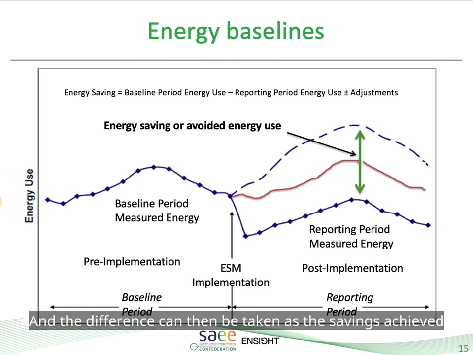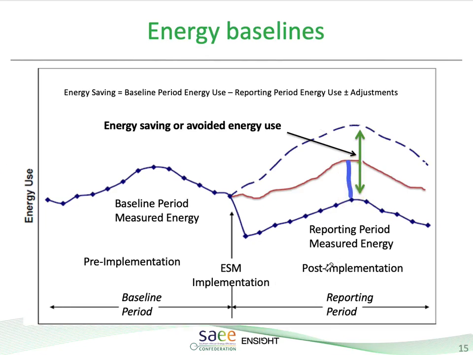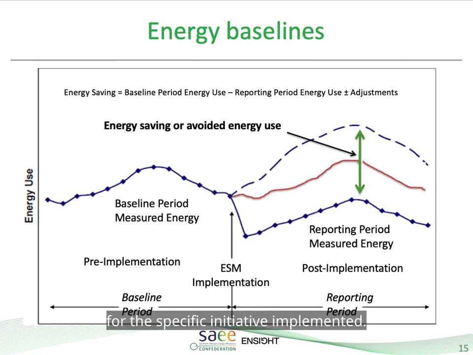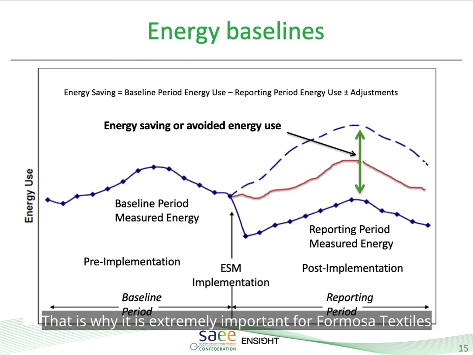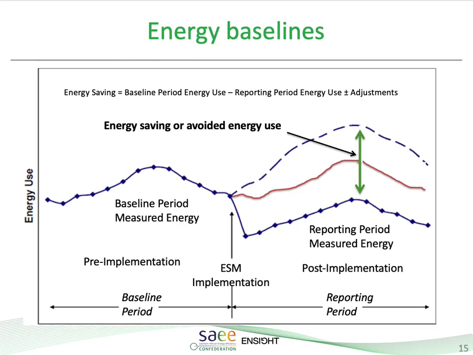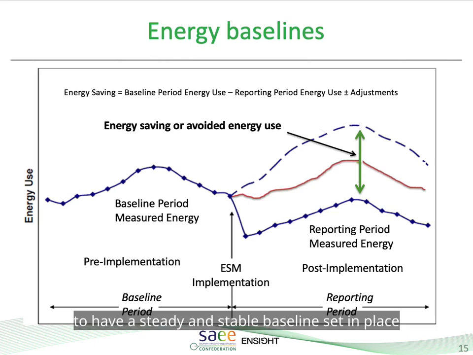And the difference can then be taken as the savings achieved for the specific initiative implemented. That is why it is extremely important for Formosa Textiles to have a steady and stable baseline set in place that can be audited and can be used to track future energy use and predict budgets accurately.